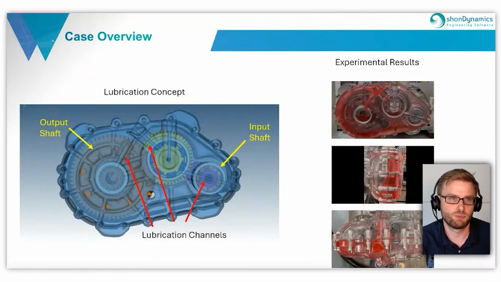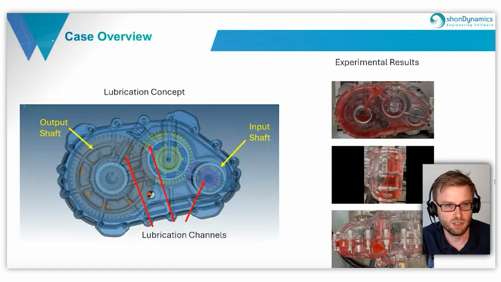So the case which we are exploring today, on the left side, you see our simulation domain. We are exploring a gearbox. On the right side, it's the input shaft, and on the left side, it's the output shaft. And from the engineering point of view, we want to see if the bearings are suitably lubricated without any active pumps or something.